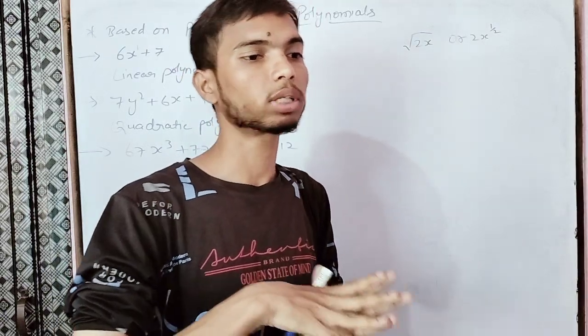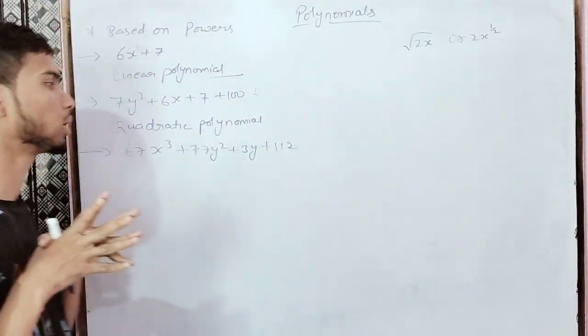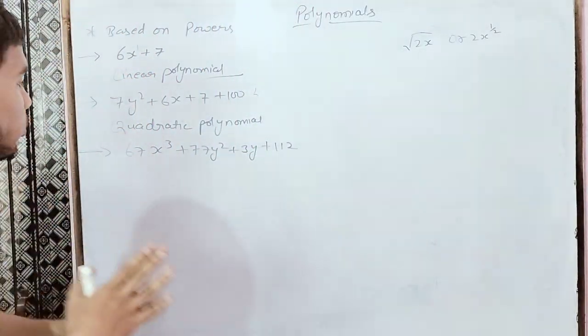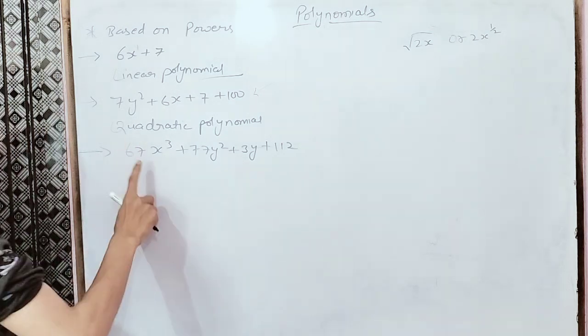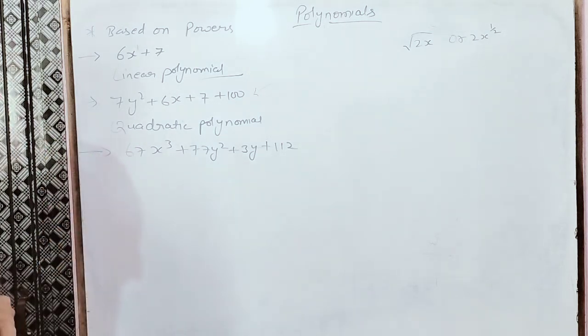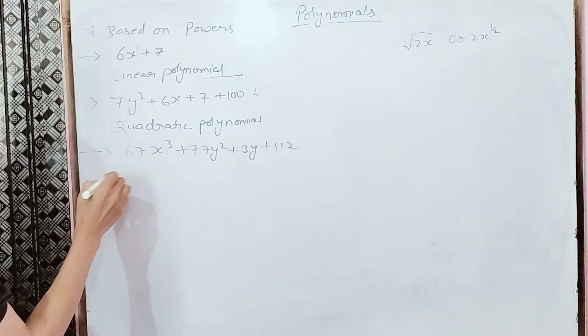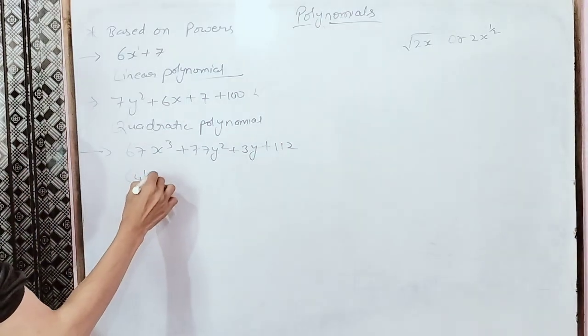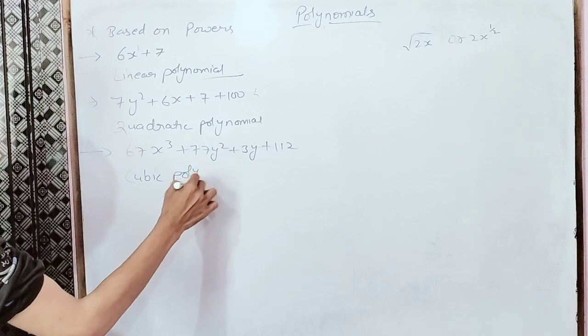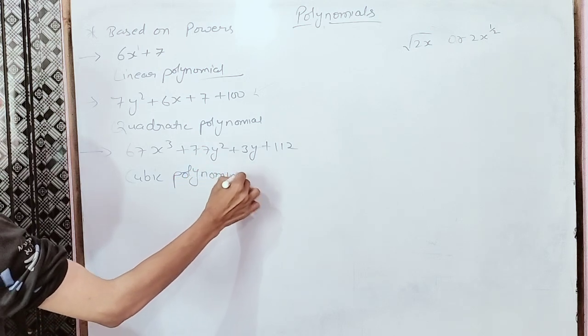Variables are not in place of the denominator. So we can say yes, this is a polynomial. Now, which type of polynomial based on powers? You would say this is a cubic polynomial.